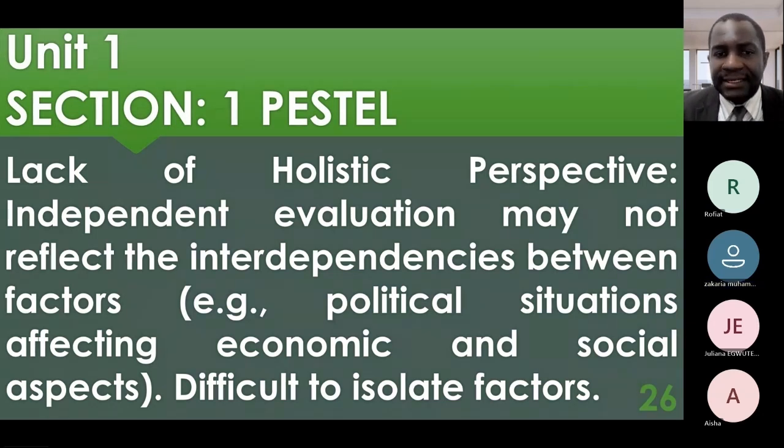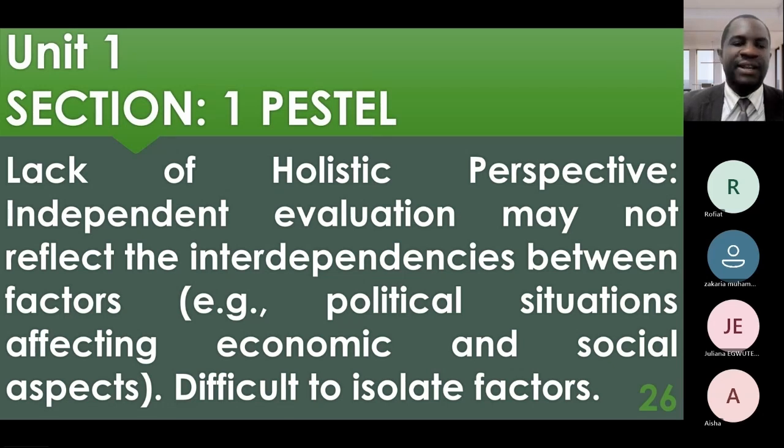There are one or two diets in his past questions where he didn't say use the PESTEL model. He said evaluate the external environment. Immediately you hear that, just know it's PESTEL. Or he said evaluate the macroeconomic environment, you know you are using PESTEL.